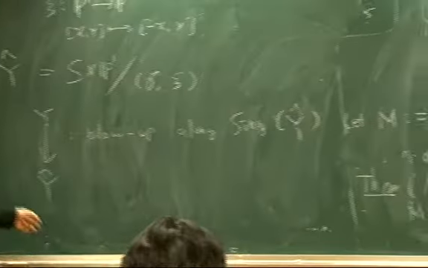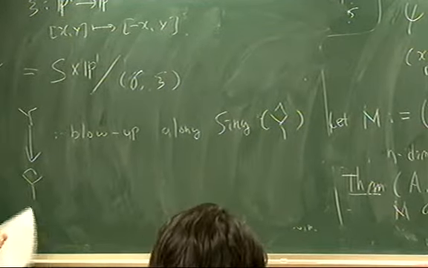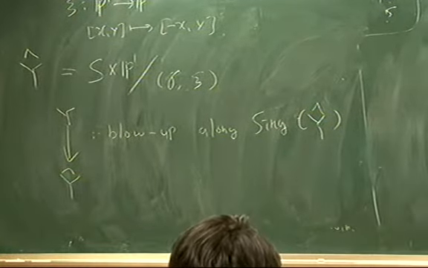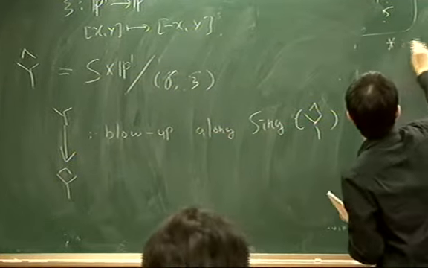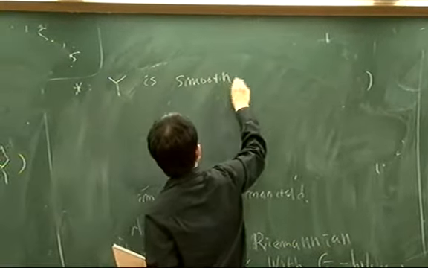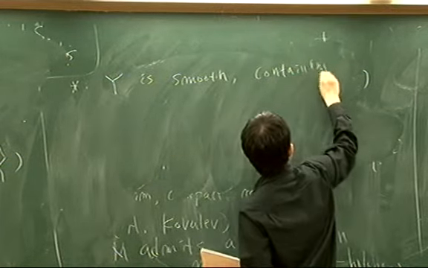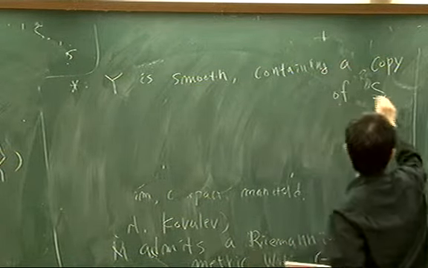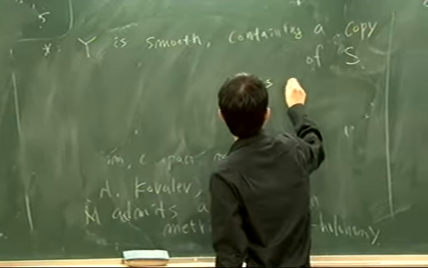One can show that after this blowing up, Y is smooth, containing a copy of the original K3 surface in its anti-canonical system.